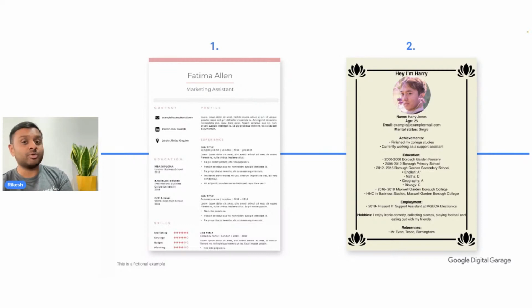Now, in terms of an example of a well laid out CV and a not so well laid out CV, you can see the one on the left. It looks good because everything's in its rightful place. It's all well structured and listed. You've got a title which is a slightly different color, and it's slightly larger, and then you've got the text and information underneath, and it's very clearly laid out. You've got black text on a white background, which is easy to read, whereas on the right-hand side, you've got black text on a beige or yellow background.